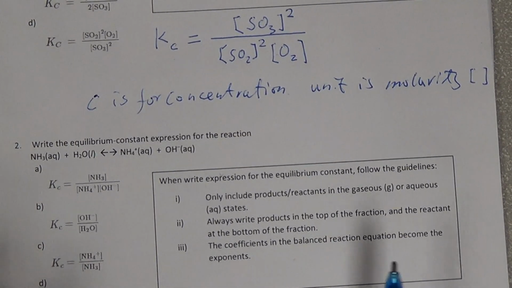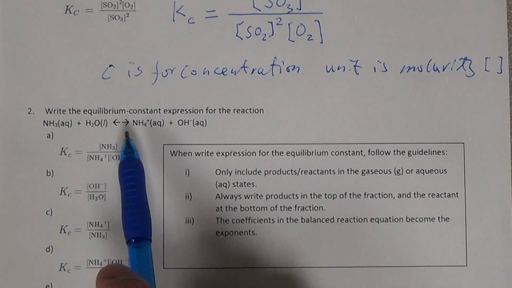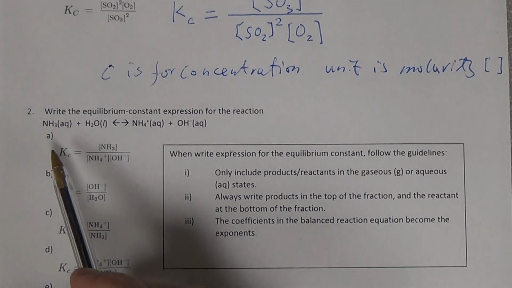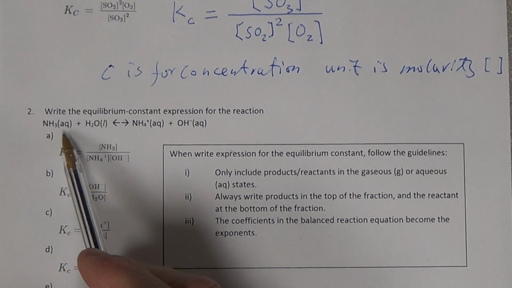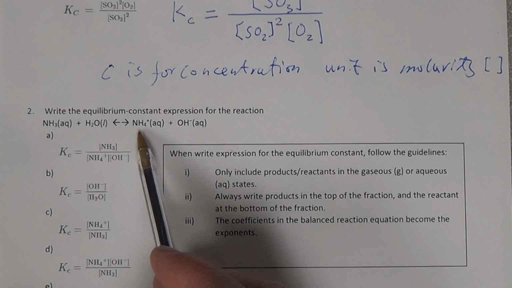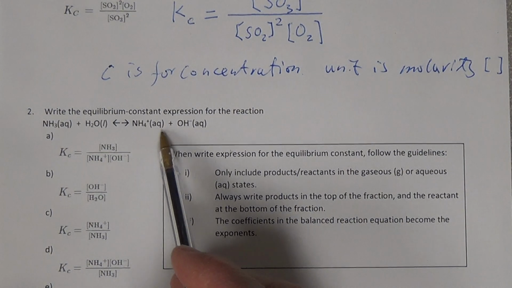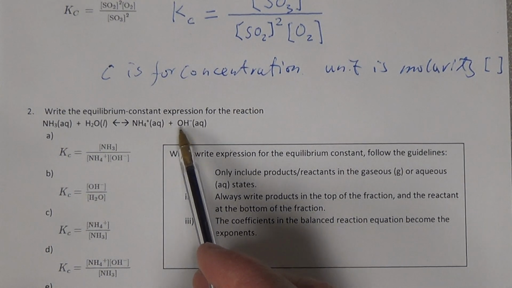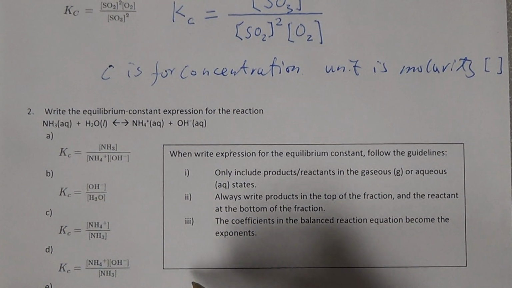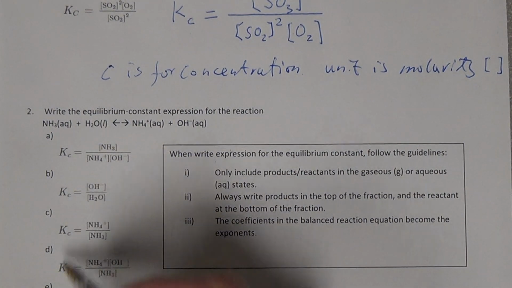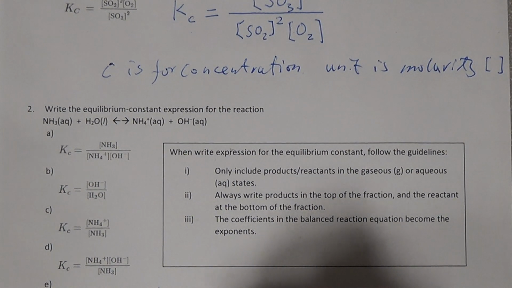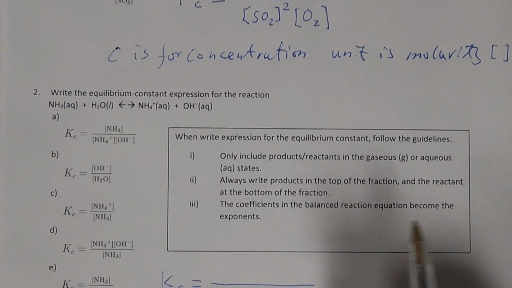Okay, the second question is similar. You want to write the equilibrium constant expression for this reaction. For this reaction, we have ammonia NH3 aqueous plus H2O liquid in equilibrium with ammonium ion NH4 plus aqueous and the hydroxide ion OH negative aqueous. Similar guidelines: we'll write Kc equals a fraction, with products on the top.